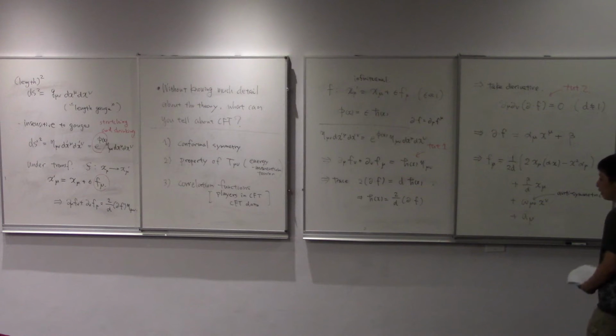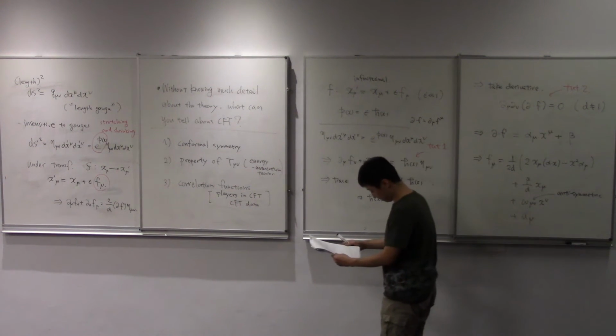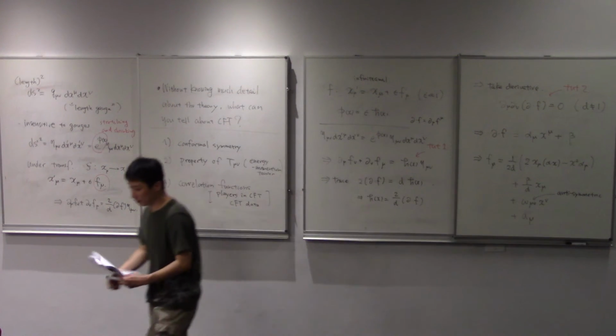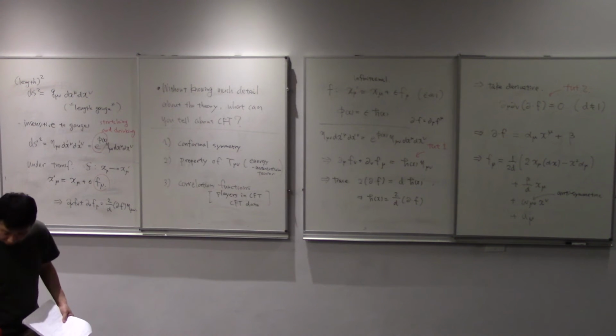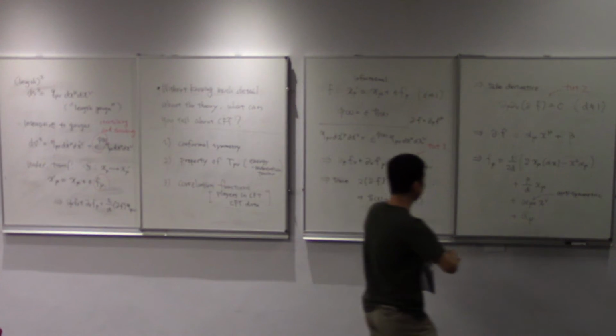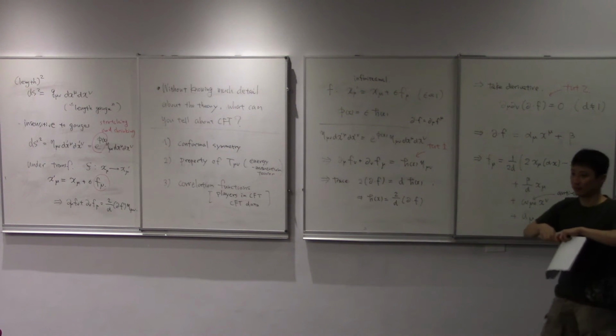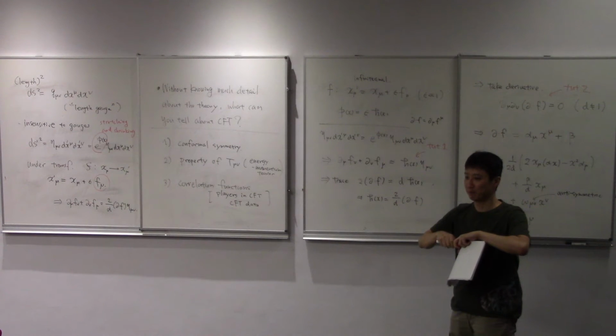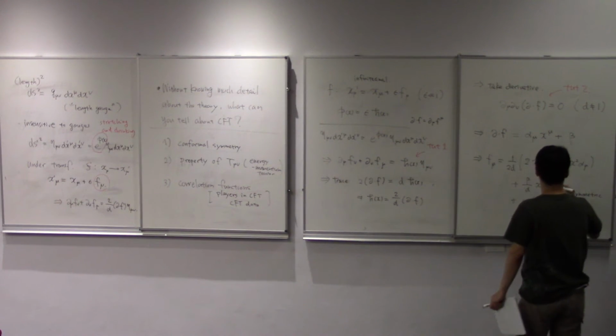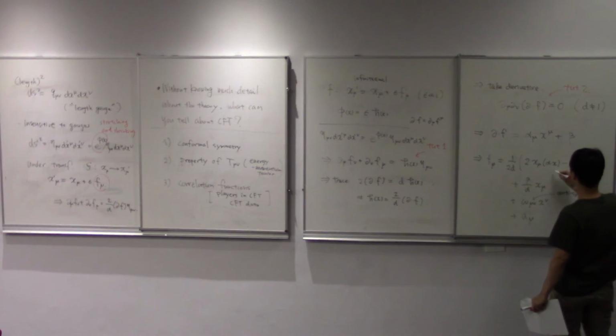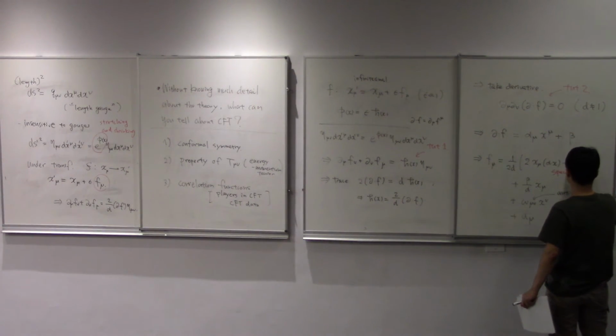Okay, so now you know what they are because I mentioned them. The first one, the parameter alpha, characterizes the special conformal transformation.